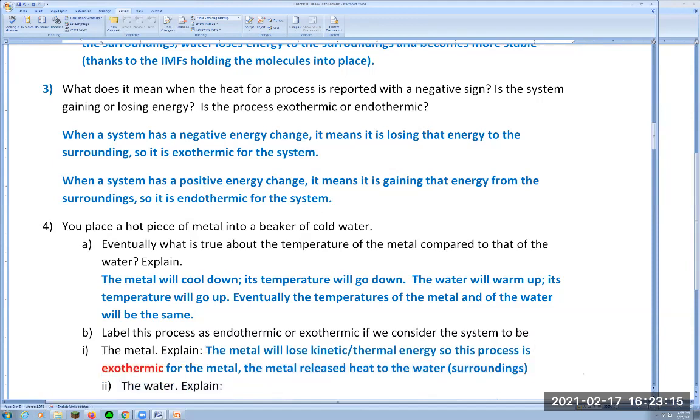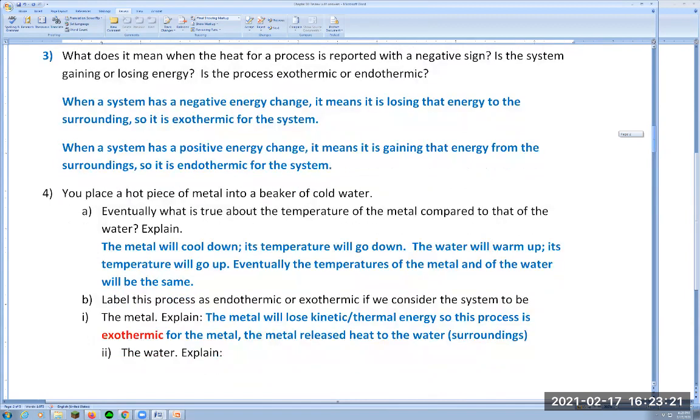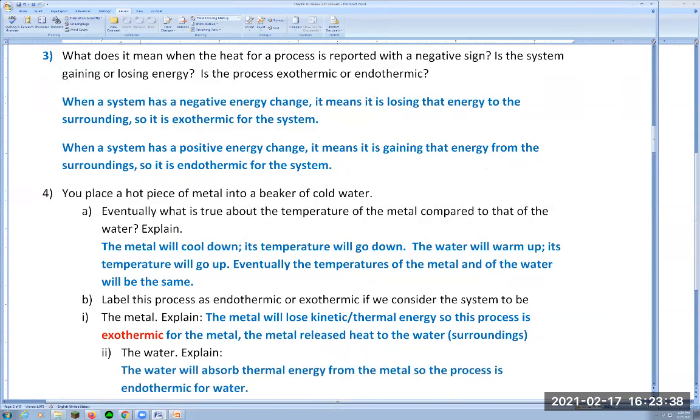But now if you're placing yourself in the place of the water, then it's going to be the reverse, right? Now the water is warming up. So water is absorbing energy from the metal. The metal in this case is the surroundings. And so water is absorbing energy from the surroundings. So we say it's an endothermic process.